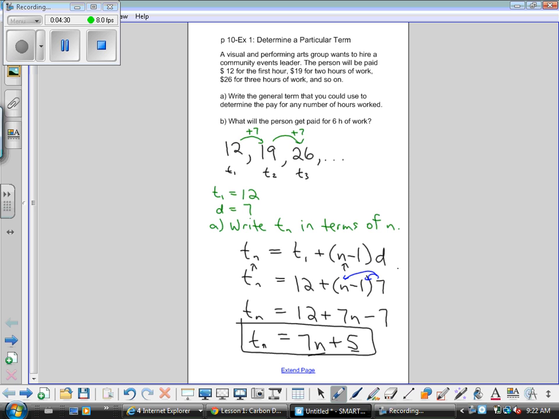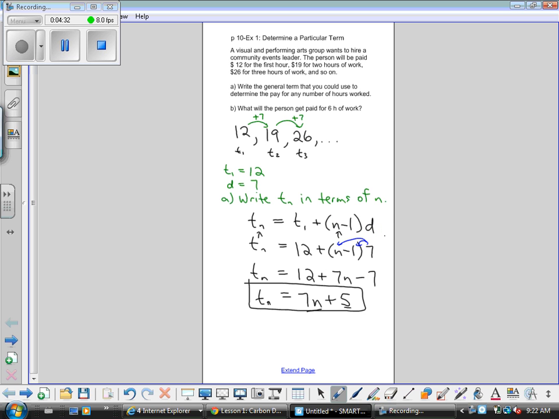How much will the person be paid for 6 hours of work? Well, in this case, we're actually taking an n that's known. We know that we're looking at 6 hours, because each of those terms corresponds to a certain number of hours. So this is 1 hour, 2 hours, 3 hours for the first term, the second term, and the third term.